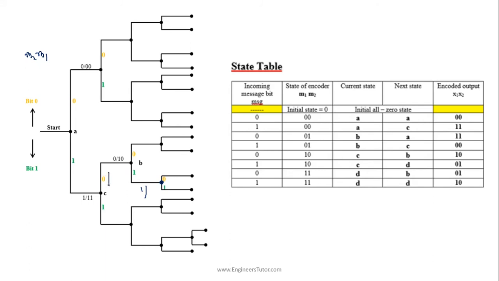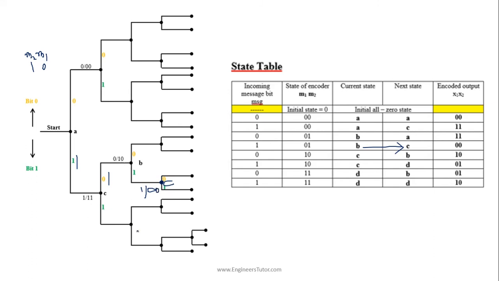So this will be M1 and this will be M2. M1 will be 0 and M2 will be 1. So from the state table we observe 1 0 1. 1 0 1 means the state changes from B to C. So this will be C and the output will be 0 0.